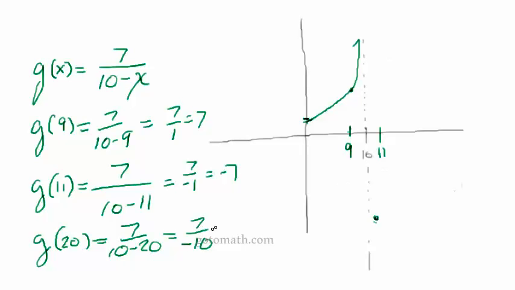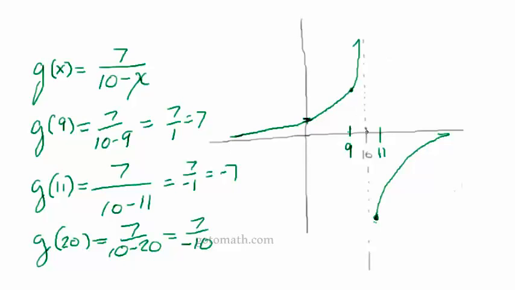It's staying negative, but getting smaller, so it looks like it's doing something like this. No matter how far out you go, it's going to stay below the x-axis. And this one here is just the opposite. It's doing something like that.